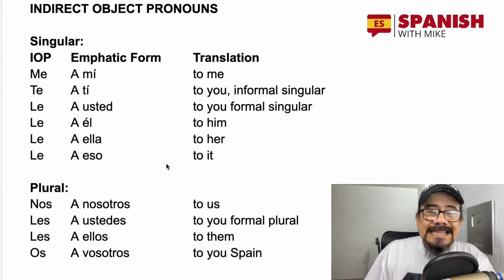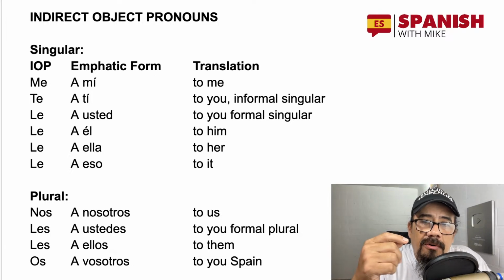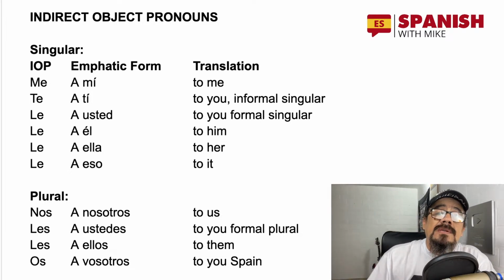So let's talk about the indirect object pronouns. And this is something very interesting in Spanish, right? We have to understand how to use this if we want to master the verb gustar, the way we really use it in Spanish.